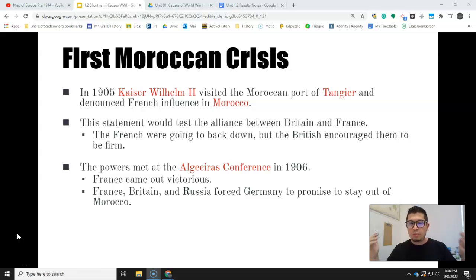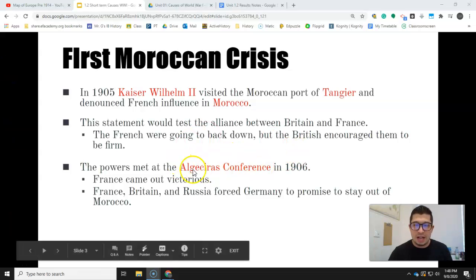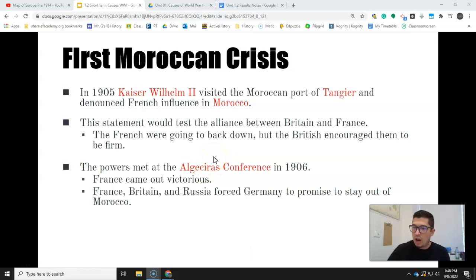So Britain calls for the Algeciras Conference in 1906, where Britain is going to say, okay, Germany, you want to flex? We're going to flex harder because we are still the most powerful country in the world. So we learn a lot from this part of the Moroccan crisis. We learn that Germany can bully France, but Britain can bully Germany.